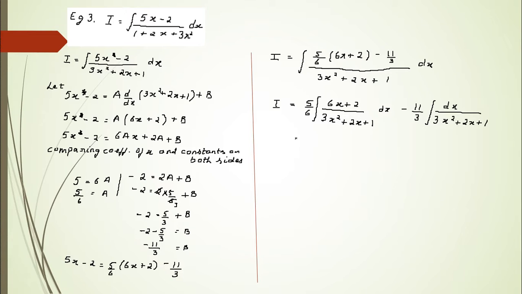Okay, so now this is equal to 5 by 6 into I1 minus 11 by 3 into I2, where I1 is equal to integral 6x plus 2 divided by 3x square plus 2x plus 1.